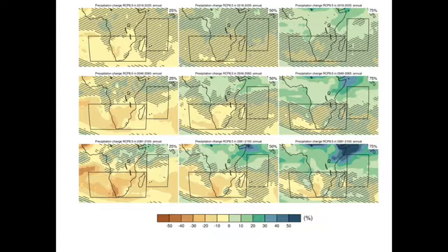And in this period, it's showing a reduction that is above the standard deviation.